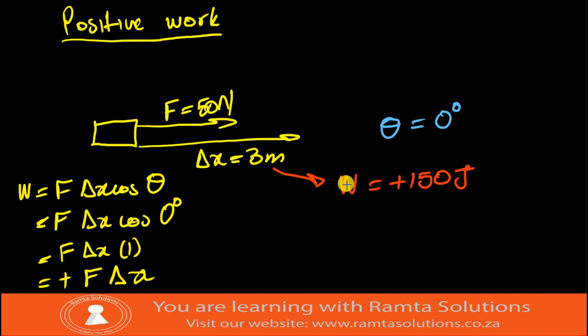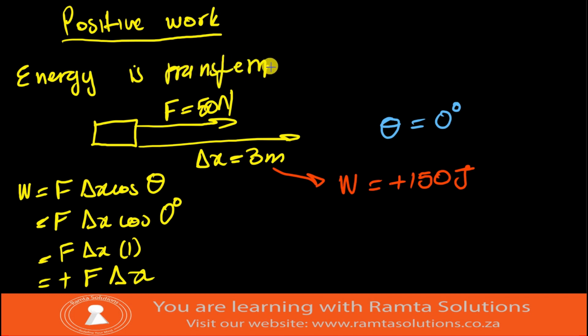So when positive work is done, the force is moving in the same direction as the displacement. All right? Again, when positive work is done, we're saying energy is being transferred to the object.